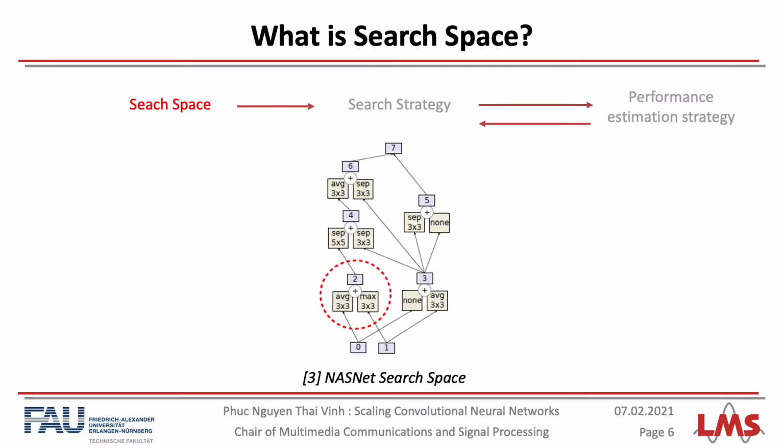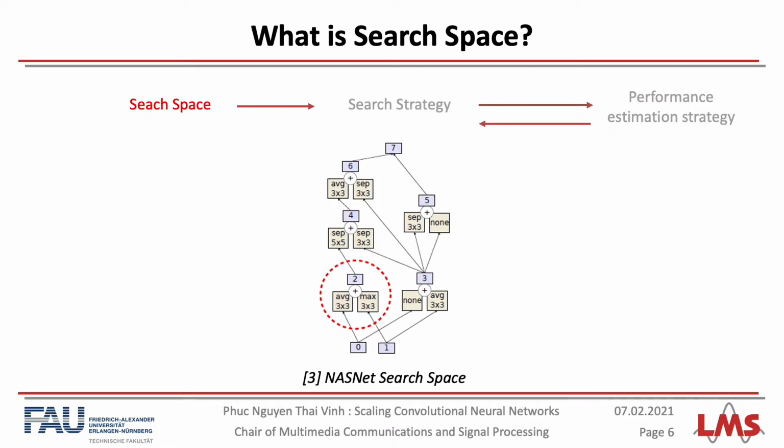The search space is the space that contains a lot of architectures where we can pick a suitable architecture. As you can see, we can pick a suitable architecture with high performance.